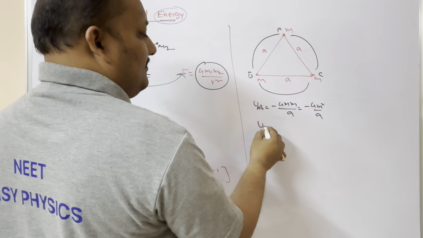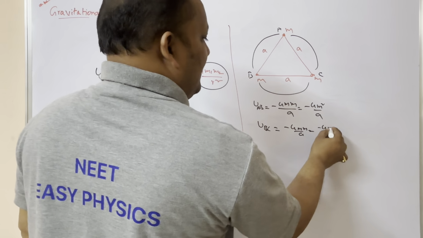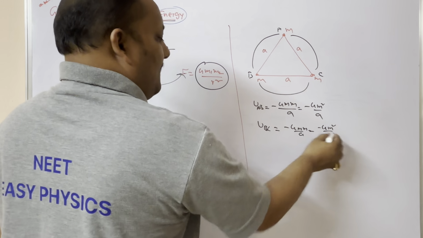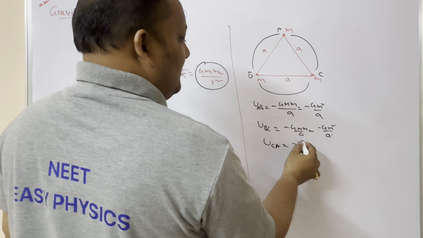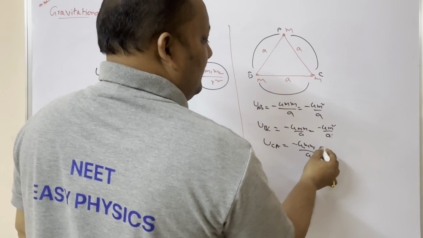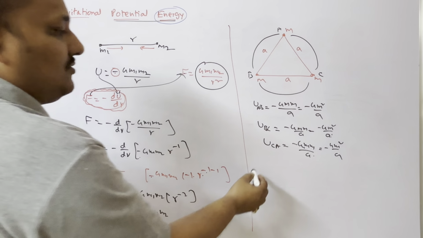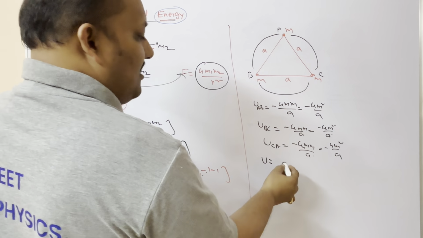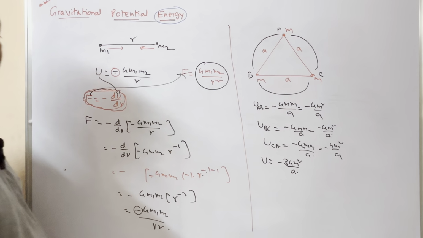Between B and C, also minus G m square by a. Between C and A, minus G m square by a. Now for the total gravitational potential energy, you have to add all this: minus 3 G m square by a.